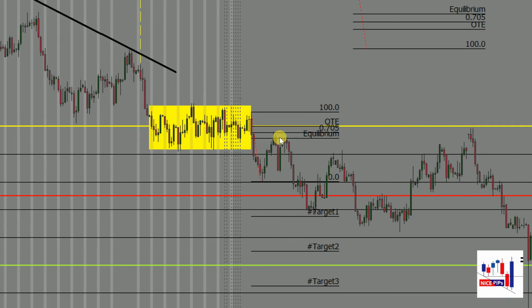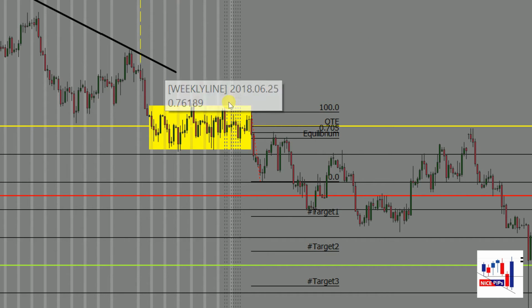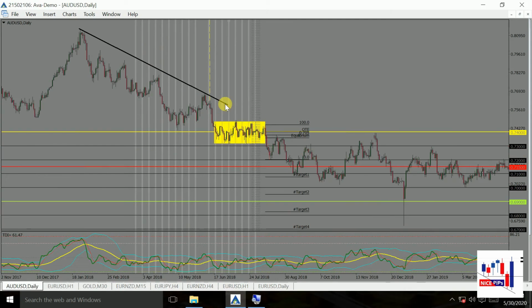I put my stop loss where? Remove this so that the chart looks good. Okay, good. So now at equilibrium, I take my sell. I put my stop loss some 5 or 7 pips above this point, which is my swing high.